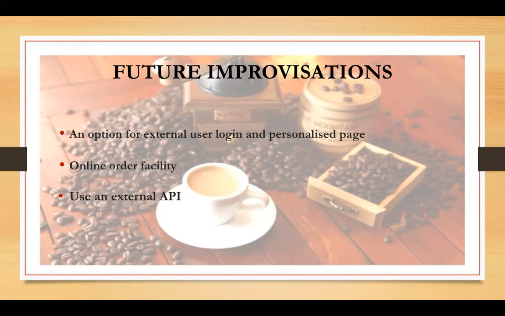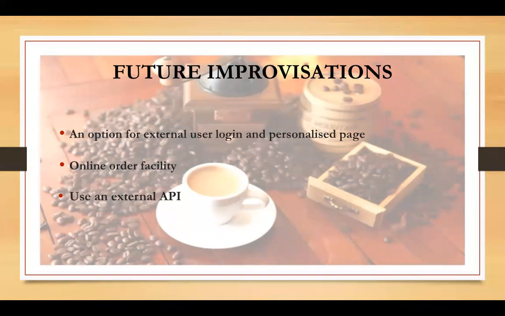Right now, any external user can only visit the website or external UI and get info about our cafe and its services. In future, we can also add an option for user sign up and login. So that is an improvisation which we can add, and also an option to place online orders, which can be seen in the respective user's page after he logs in.